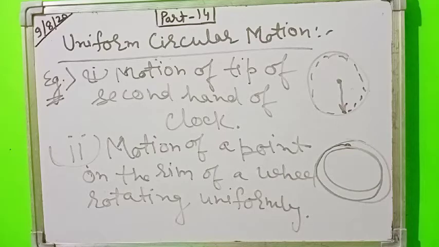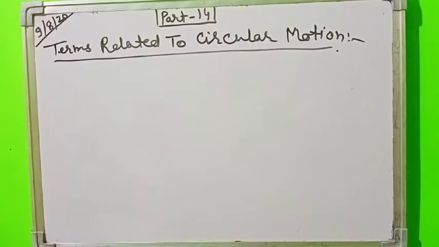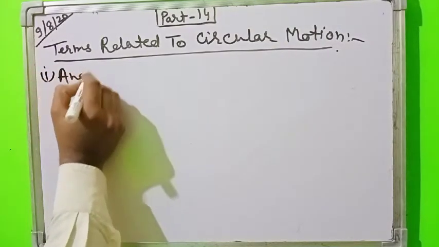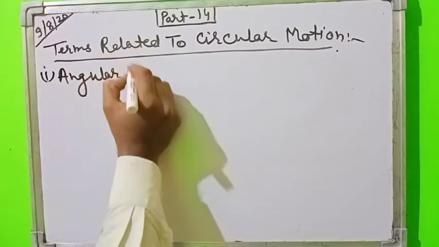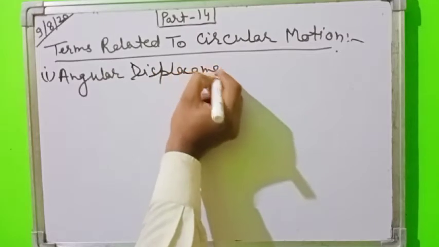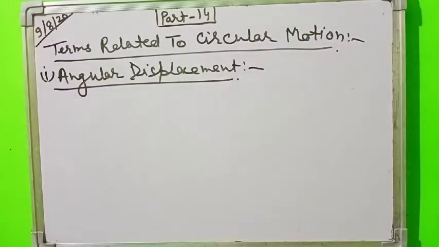Now, certain terms related to uniform circular motion. Dear students, we will discuss some terms related to circular motion, and the first term is angular displacement. It is analogous to linear displacement.